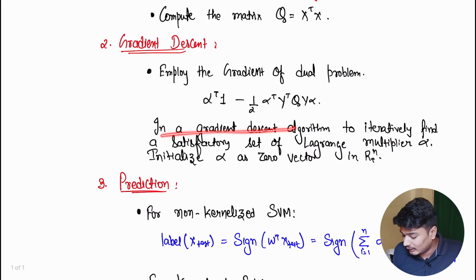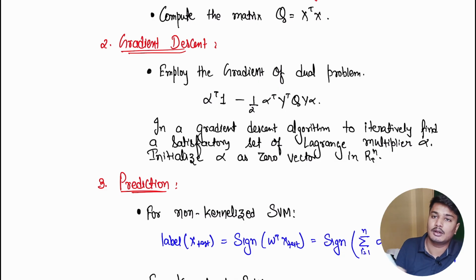In the gradient descent algorithm, to iteratively find a satisfactory set of Lagrange multipliers alpha, initialize alpha as a 0 vector in Rn. This is the iterative step of gradient descent. So first initialize alpha as 0 to get all the optimal alphas, alpha stars.